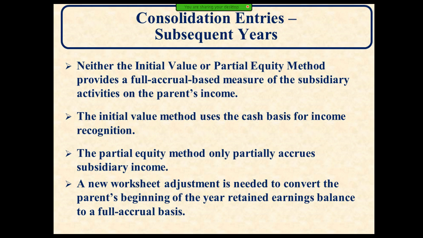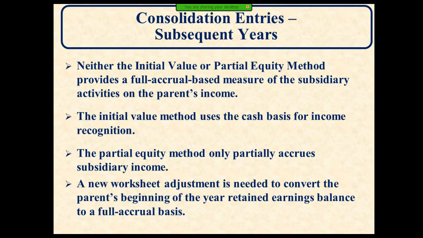The initial value or the partial equity method does not provide full accrual of the subsidiary's activities. Initial value is based a little more on cash. Partial equity, a mixture of both of them. So you see the initial value method primarily uses cash for income recognition. And the partial equity method partially accrues some income.